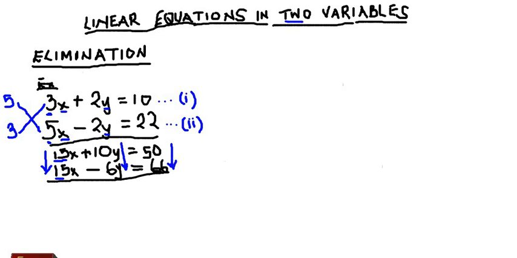So what do we need to consider for us to know whether we should add or we should subtract the two equations? We look at the signs of the coefficients of the variable we want to eliminate. That is our guide, because we want to get rid of one particular variable in the two equations. Our focus shifts to this variable and look at the signs of its coefficients in the two equations.